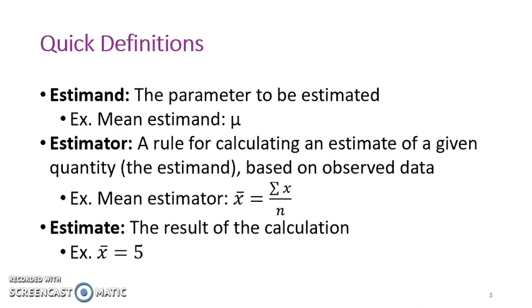An estimator is the rule for calculating an estimate of that population parameter based on our observed data. For example, the mean estimator formula is the sum of scores divided by the total number of scores. Finally, an estimate is the result of that calculation. For example, the sample mean might be 5 in our observed data. This is an estimate of the population mean.